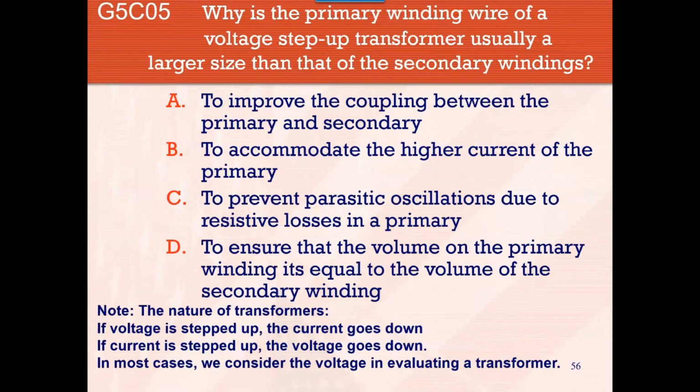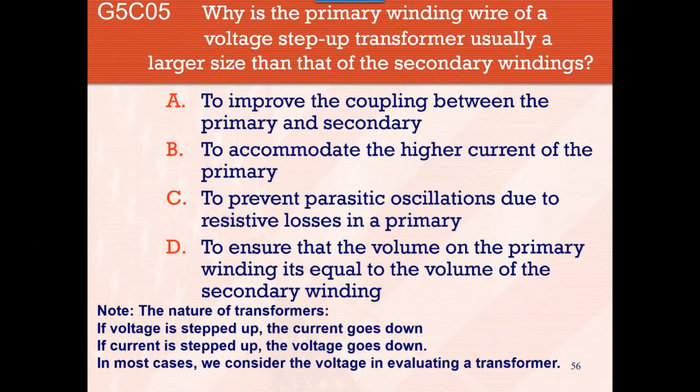Why is the primary winding of a voltage step-up transformer usually larger in size than the secondary winding? Okay, if you think back to that picture of the transformer, as Jerry pointed out, normally we put our input signal or voltage on the primary and take the output from the secondary. That's normally what we do. However, we can work it backward too, which we'll see in another question.